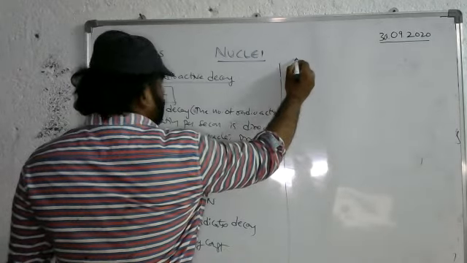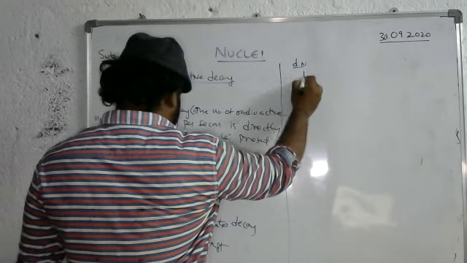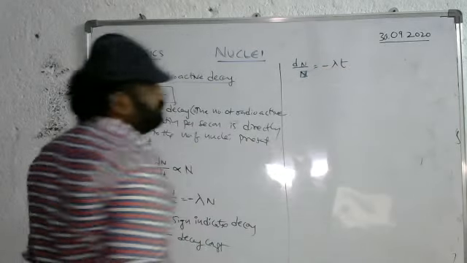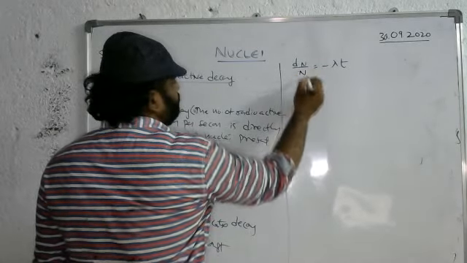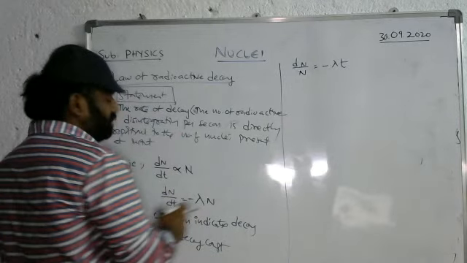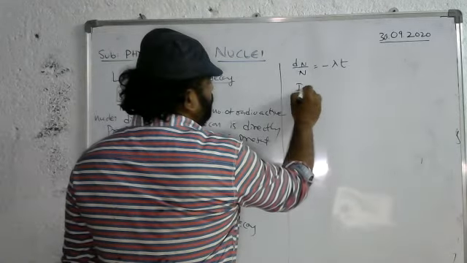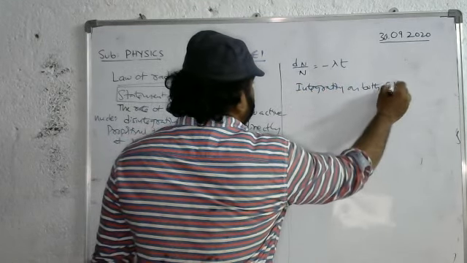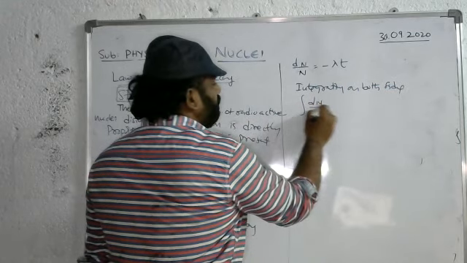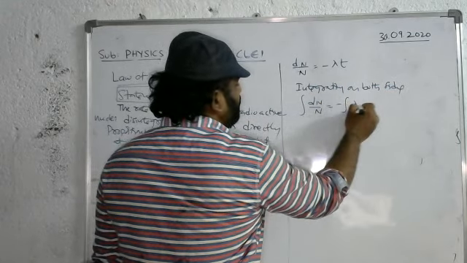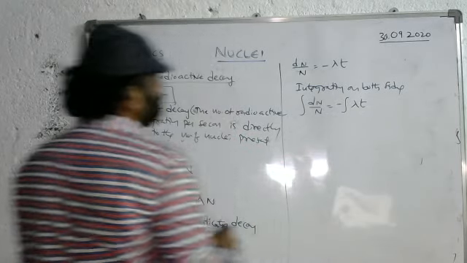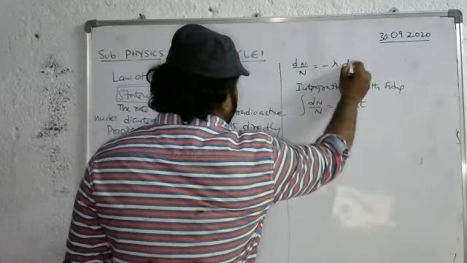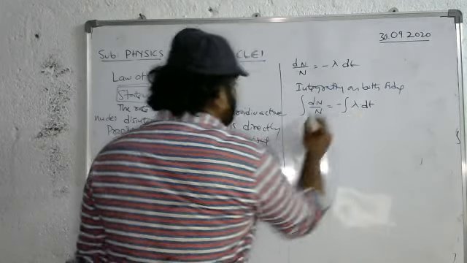So dN by N is equal to minus lambda dt. Integrating on both sides, the integral of dN by N is equal to the integral of minus lambda dt.